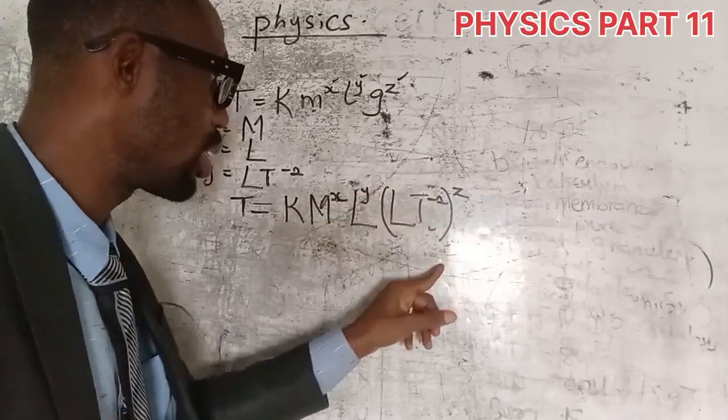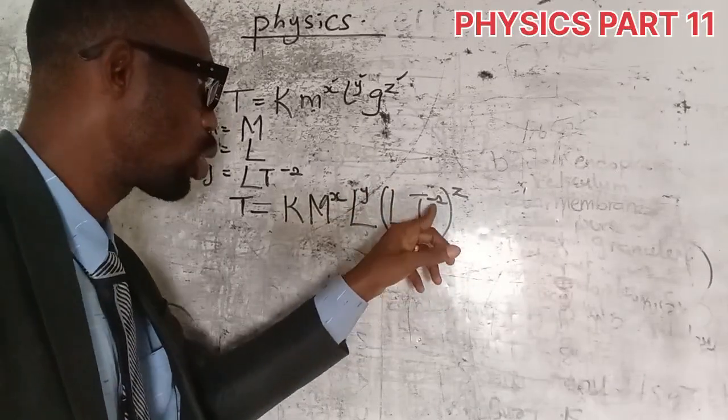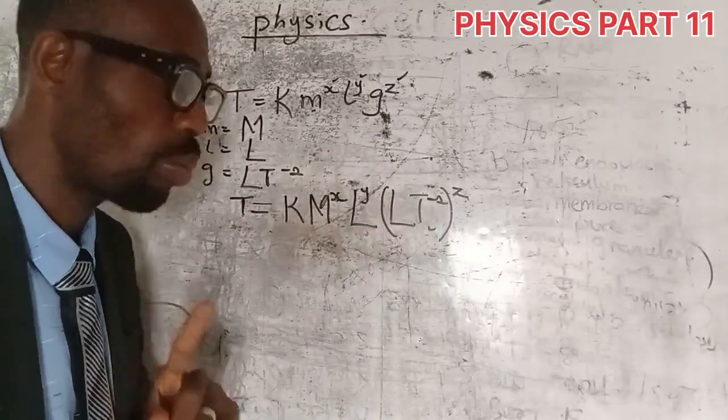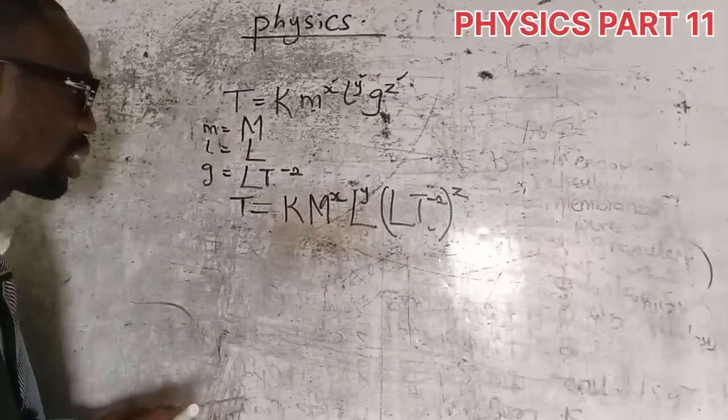You cannot just write LT raised to power minus 2Z, meaning nothing is affecting the L. That will be wrong, and your answer will be wrong. So that's why we have to bracket this.